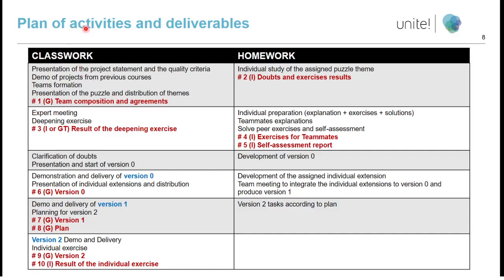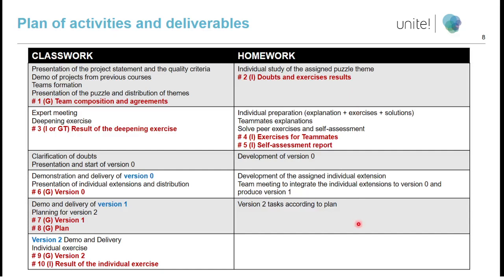In this slide you have what would be the generic template for the activity plan. Each row is a week. So you have an activity that takes 6 weeks. The minimum dose of project-based learning. In the left column, you have the activities that are carried out in class, and in the right column, the activities that the students will perform outside class.